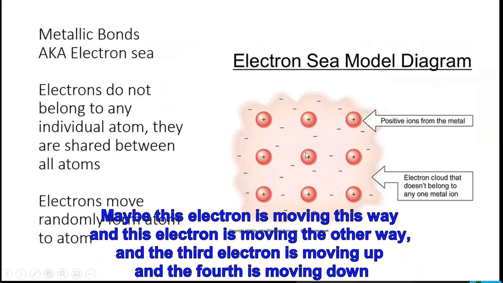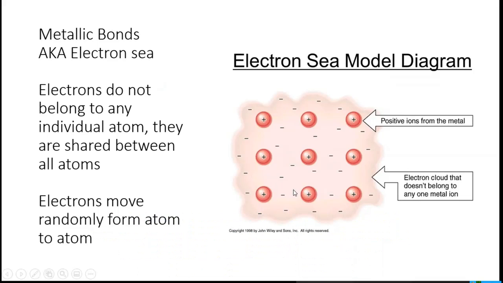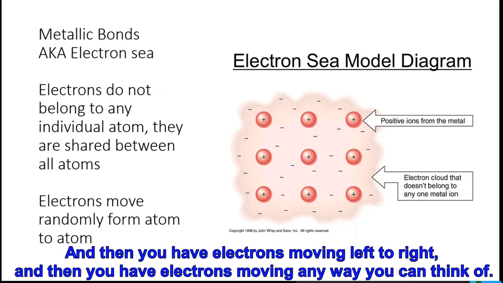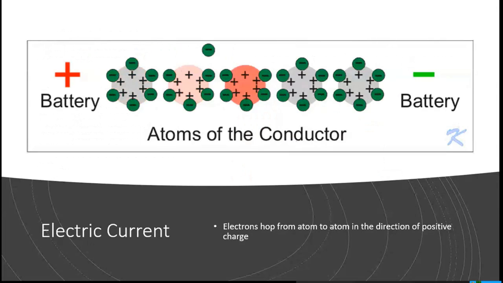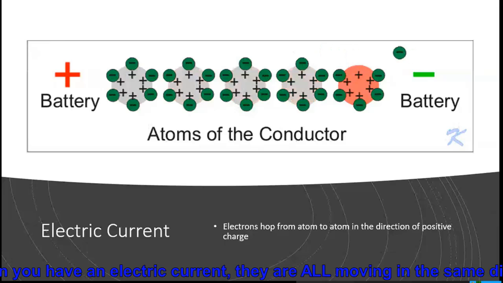Maybe this electron is moving this way, another is moving the other way, and the third electron is moving up, and the fourth electron is moving down, and then you have electrons moving left to right, and electrons moving in any way you can think of, right? So when you have an electric current, they're all moving in the same direction.